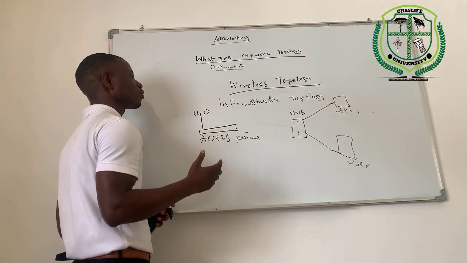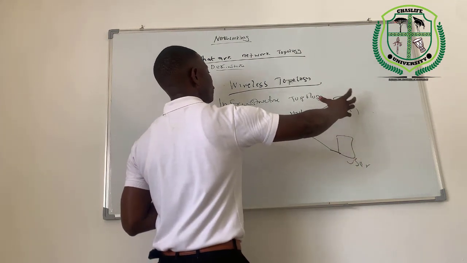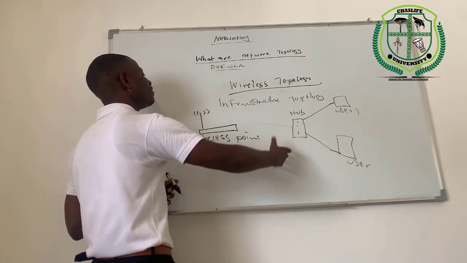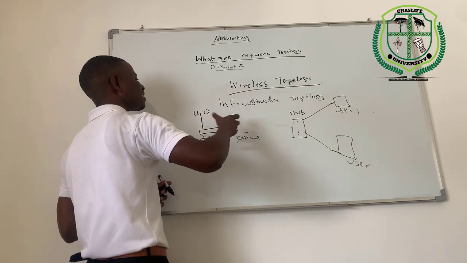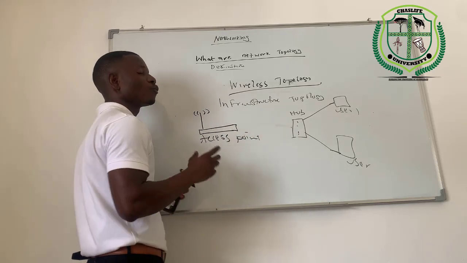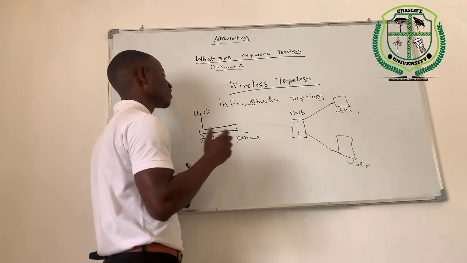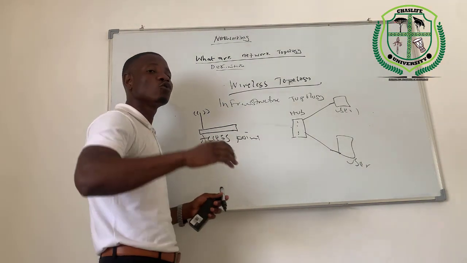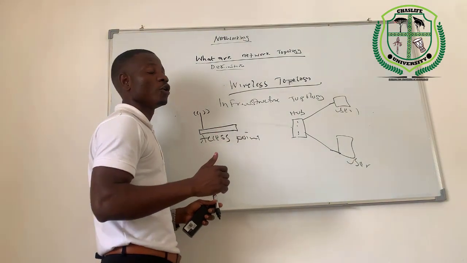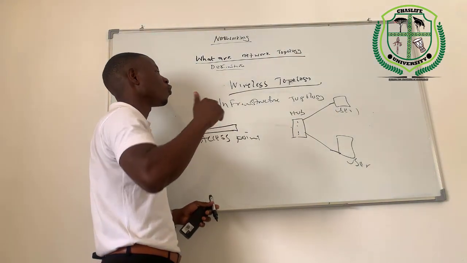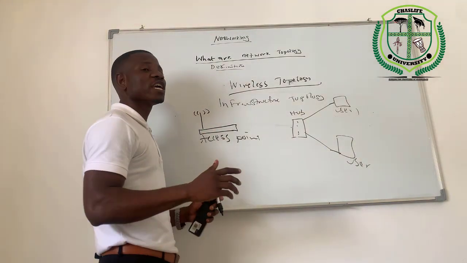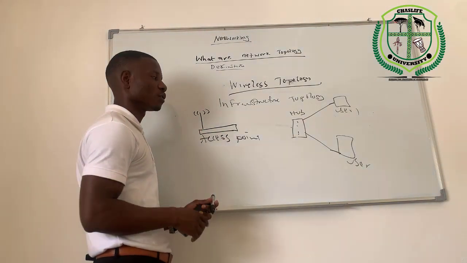Under infrastructure topology, we have the users, which are the computers connected to the hub, and then the hub is accessing the network through the access point, and the access point does not have a physical connection. This kind of connection is what we are calling infrastructure topology. Are we together?